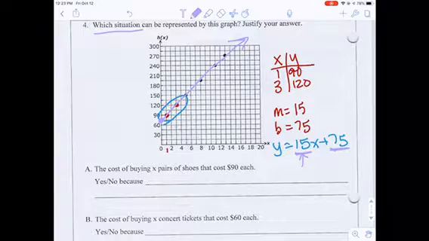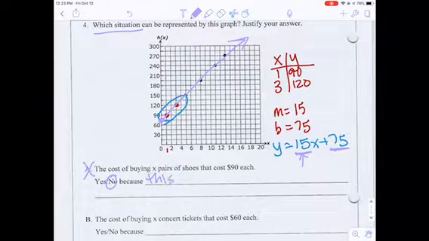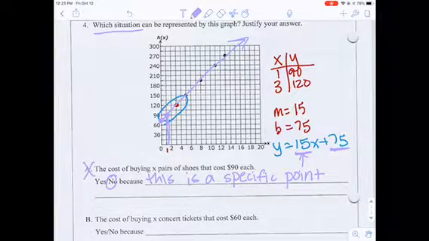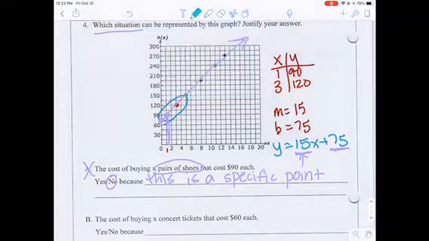So A, the cost of buying X pairs of shoes that cost $90, would not be correct, because this is a specific situation or a specific point. $90 would be one pair of shoes, but it's not X pairs of shoes. It's just one pair. So that is a specific point, not the whole situation.